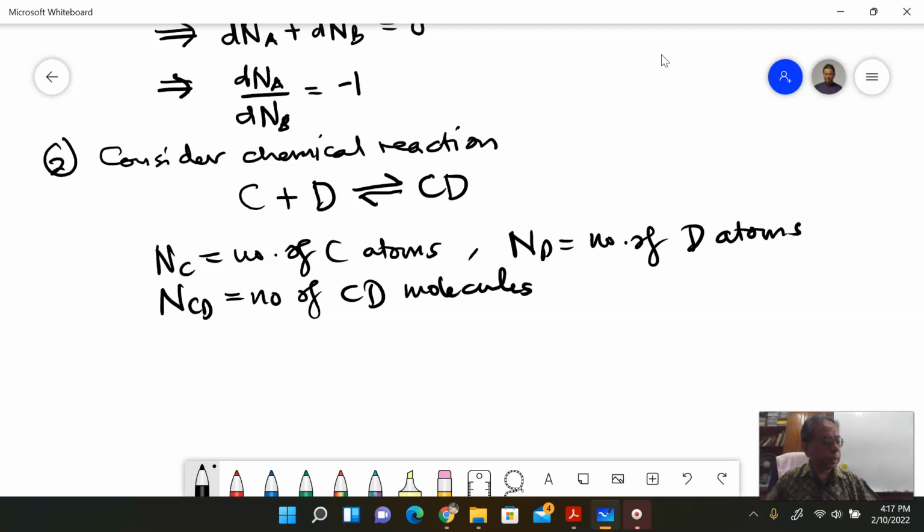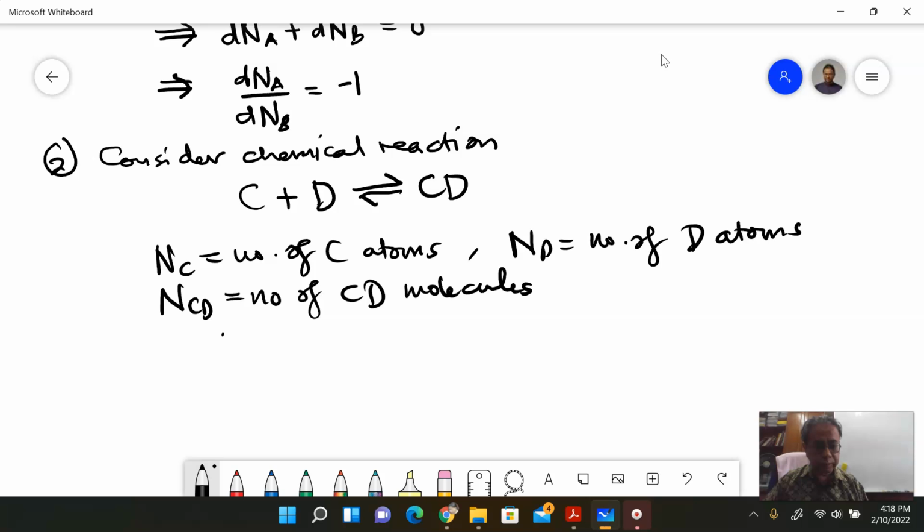One would require that, take for example the C atoms. C atoms can interact with D, so you may lose some number of C atoms to this reaction to form the same number of molecules of CD.